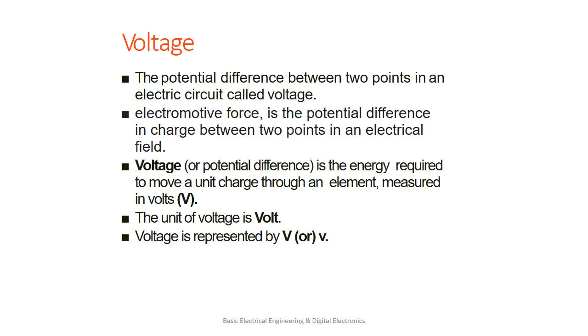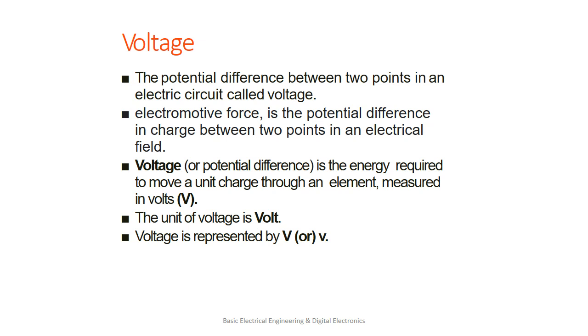Second parameter is voltage. The potential difference between two points in an electric circuit is called voltage. Electromotive force is the potential difference in charge between two points in an electrical field. Voltage, or potential difference, is the energy required to move a unit charge through an element, measured in volts.